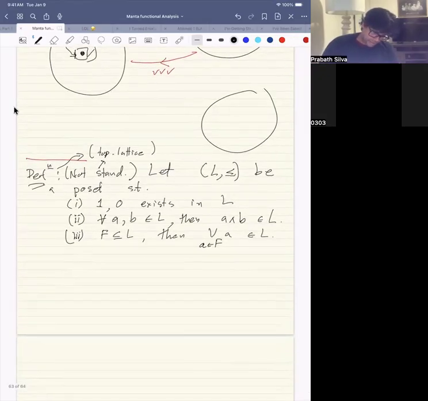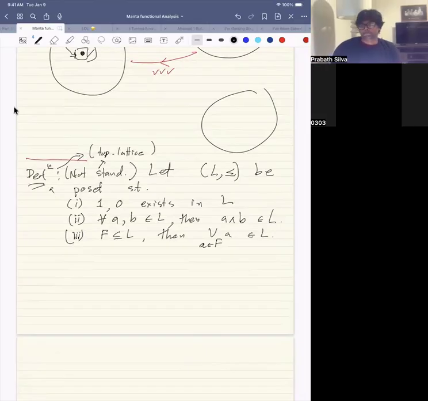So now, in the case of a directed set, the definition for a directed set, we don't have one, and we have a version of 2.